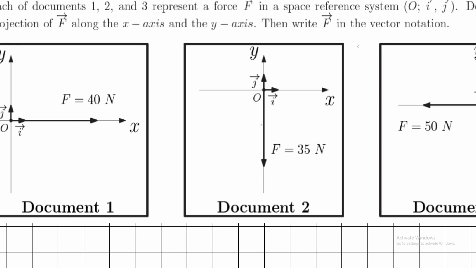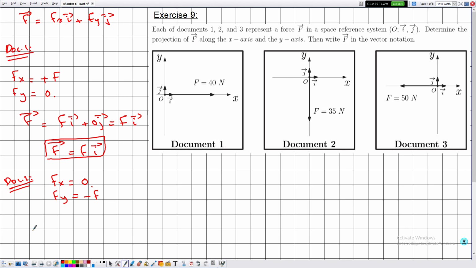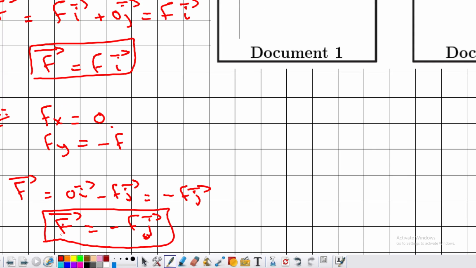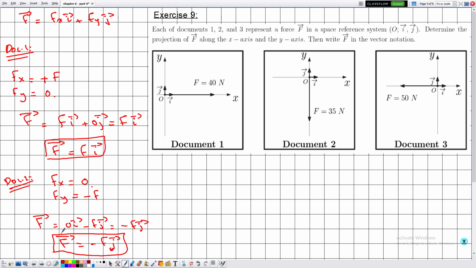Notice that it's pointing in the negative direction, so it's minus F. Then F is given by 0i minus Fj, which is equal to minus Fj. So in this case, F is equal to minus Fj. Because in a vector definition, vectors must exist on the left and on the right, and the same goes here.